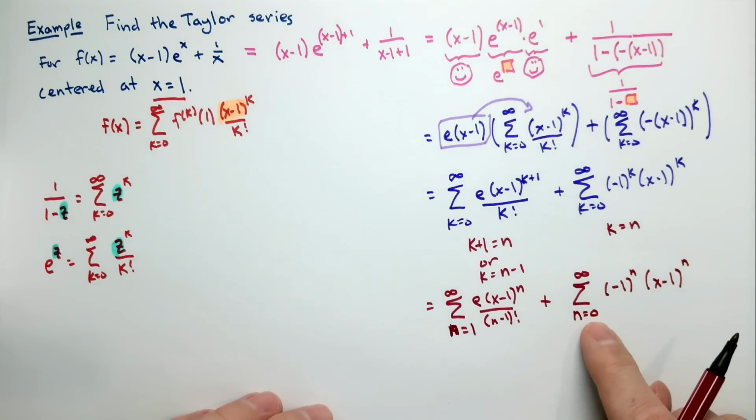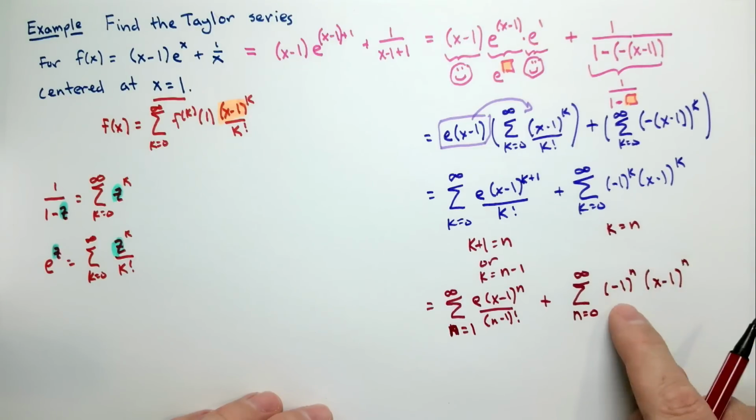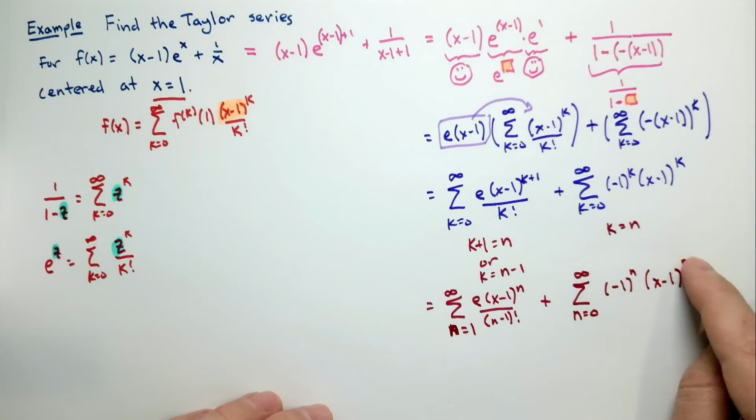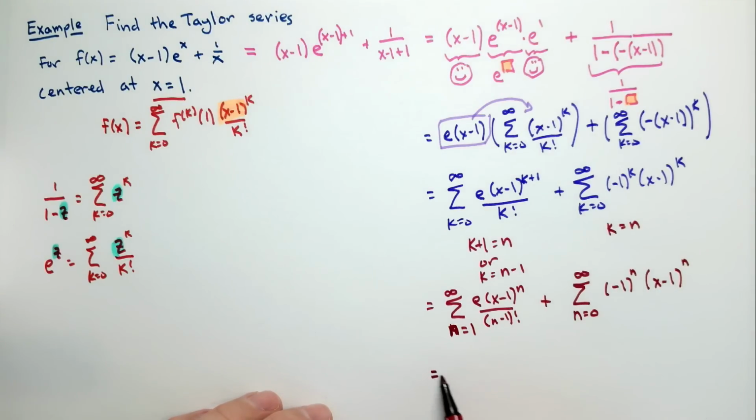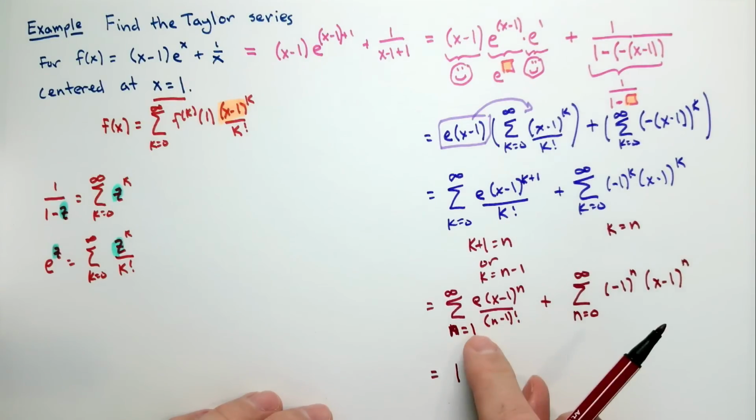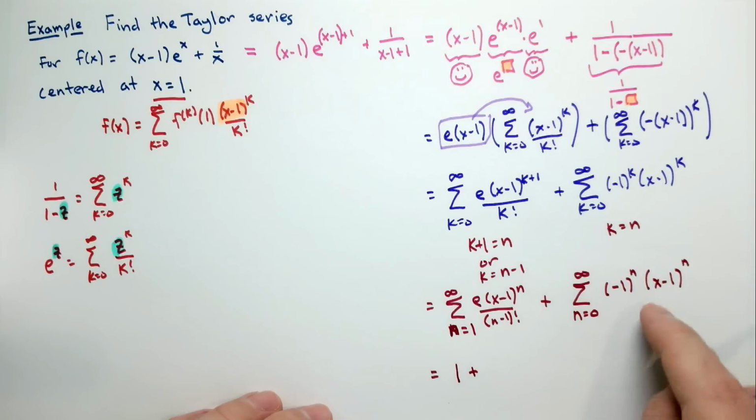So when I plug in n equals 0, I'll get minus 1 to the 0, which is 1, x minus 1 to the 0, which is 1. So I get 1 plus, now the rest of it is the sum starting from 1 to infinity, and they both have x minus 1 to the n.